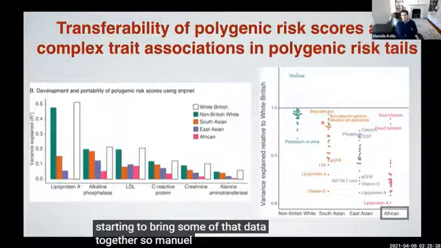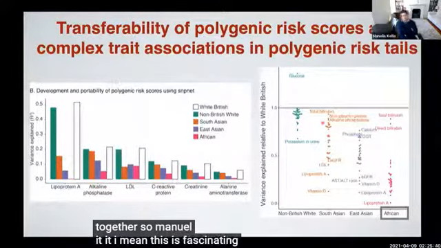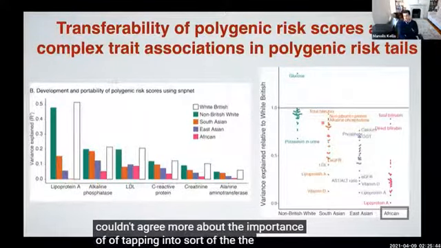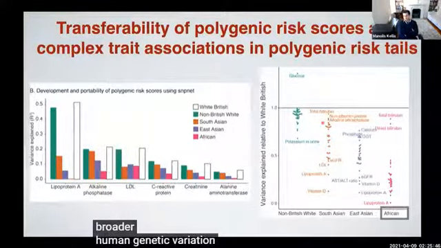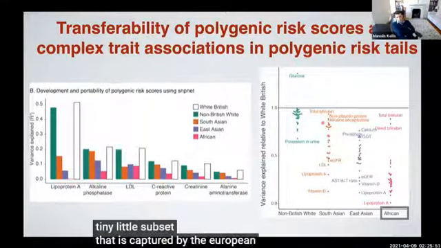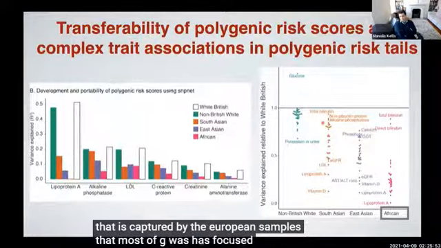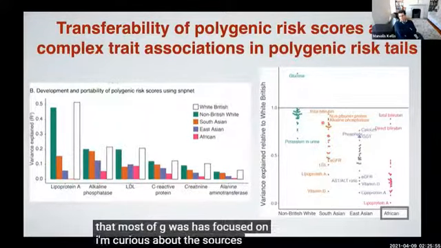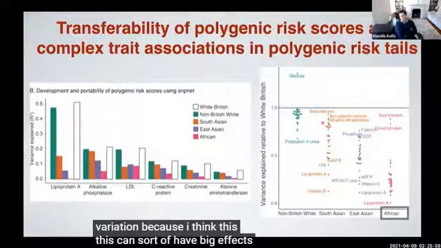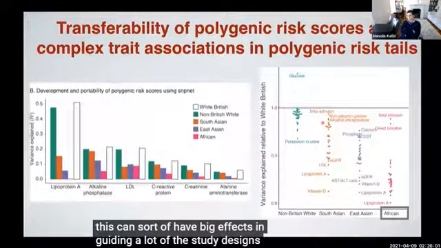Manuel, yes. I mean, this is fascinating, and I couldn't agree more about the importance of tapping into the broader human genetic variation rather than this tiny little subset that is captured by the European samples that most of GWAS has focused on. I'm curious about the sources of that variation, because I think these can have big effects in guiding a lot of the study designs.